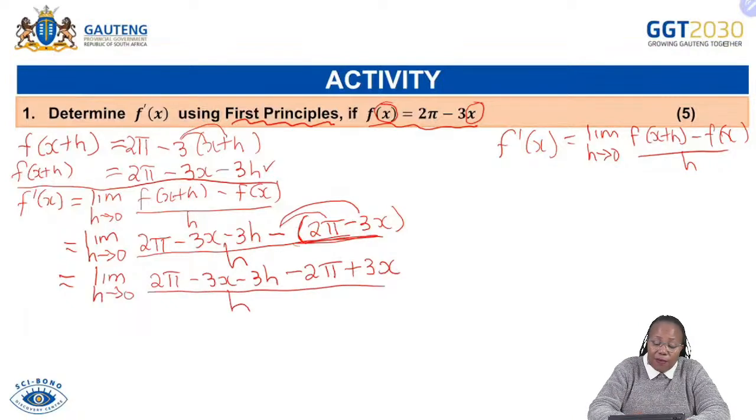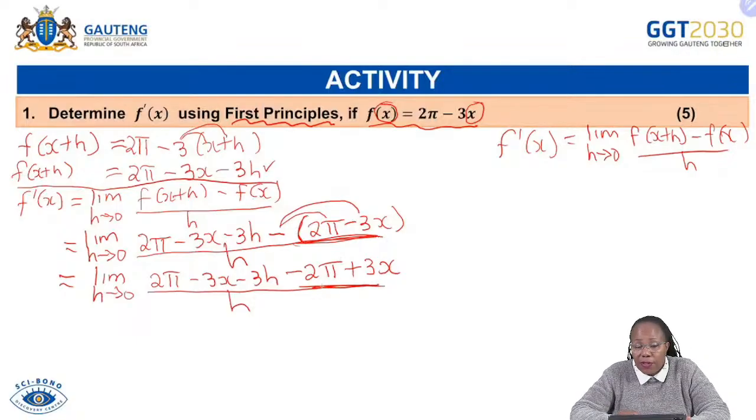Remember, I said to you, after simplifying this bracket, it must be subtracted, cancelled on the next step. That is 3x minus 3x. Can you see the 0? 2 pi minus 2 pi, it's a 0 there.